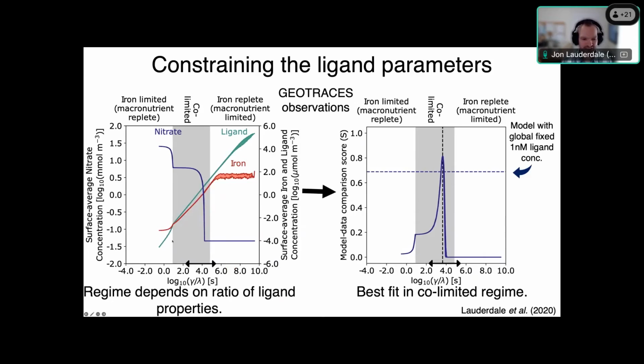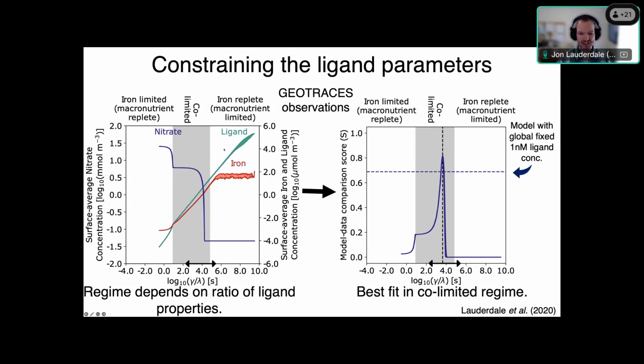So if you have low ligand production and high ligand turnover, basically you don't get any ligands in solution, which means that your iron is scavenged and lost really quickly. And so the entire ocean is macronutrient replete and iron limited.